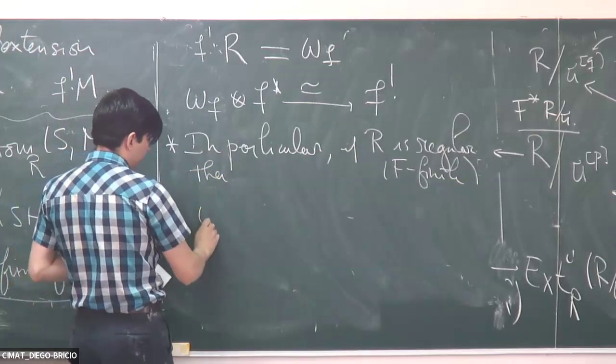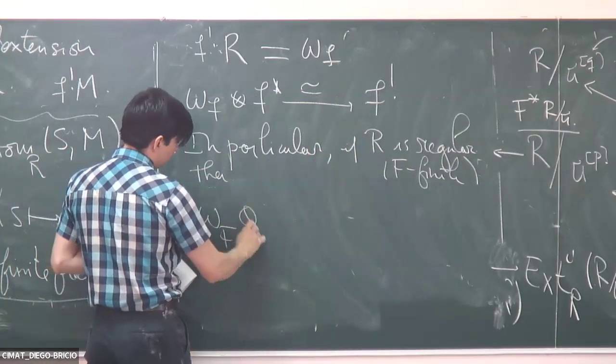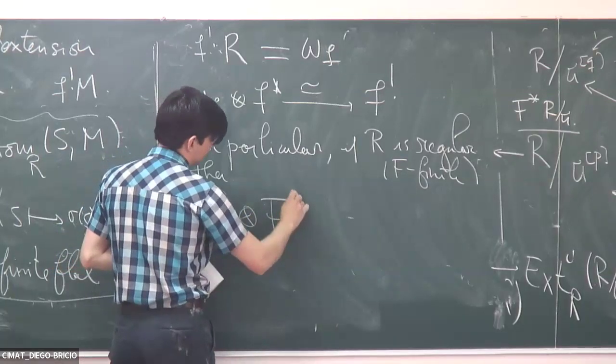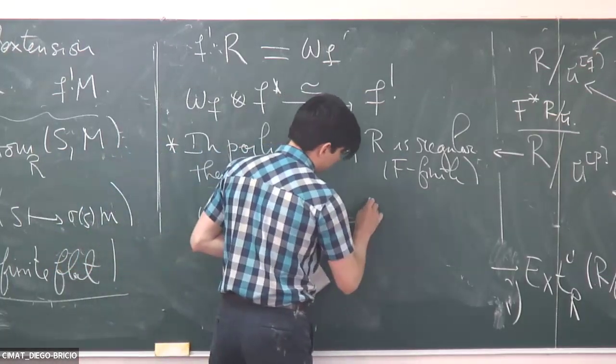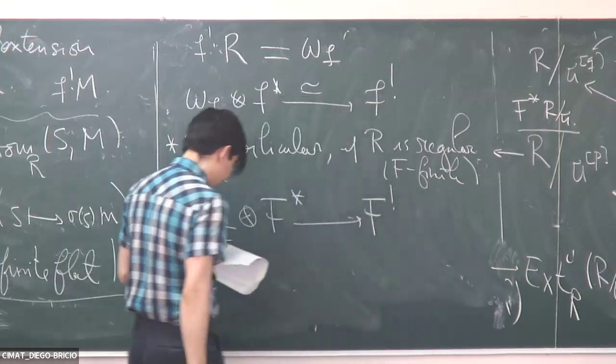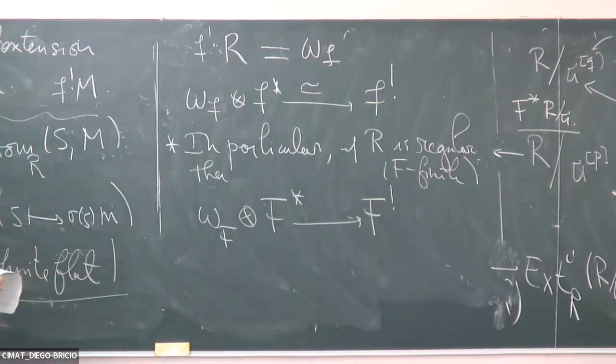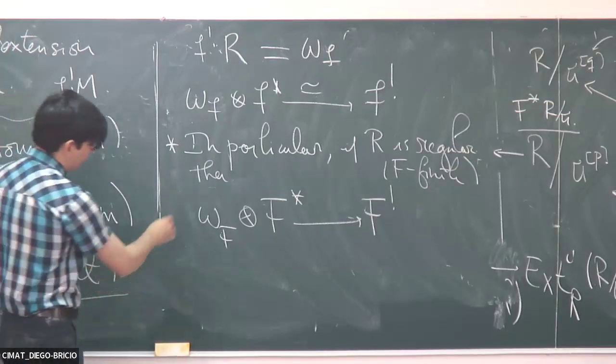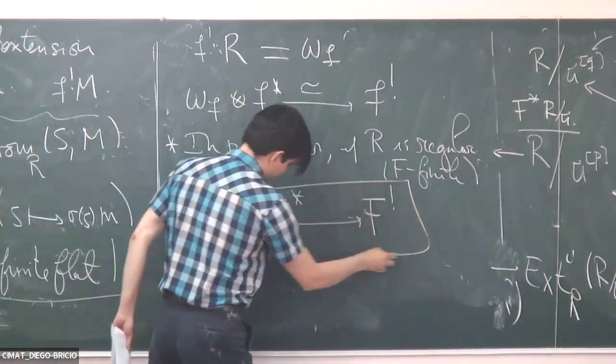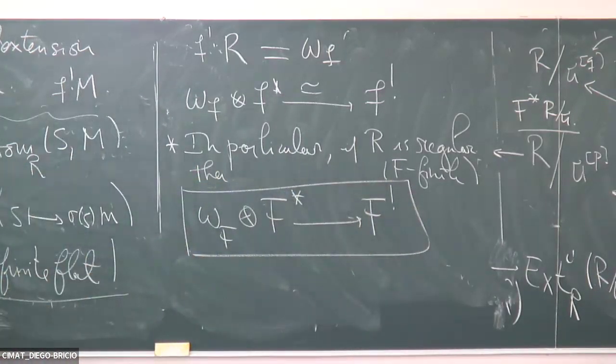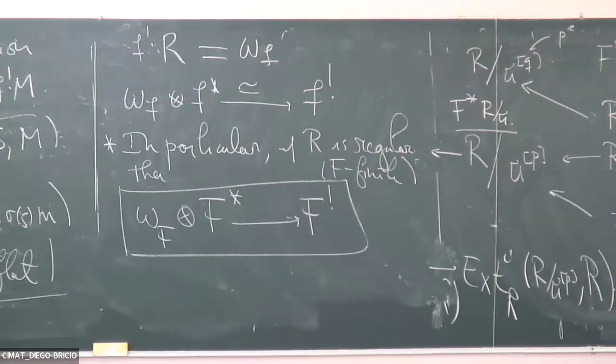Then we get a natural transformation like this between Frobenius pullback and F upper streak. Okay, so I need you to keep this in your hearts for a sec.